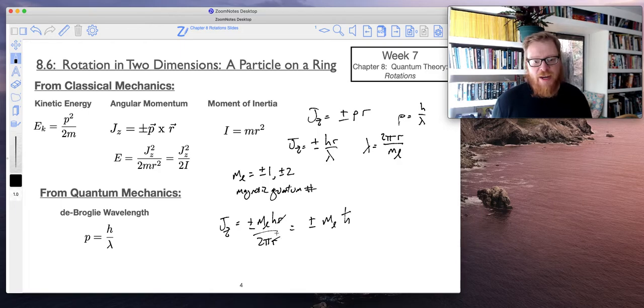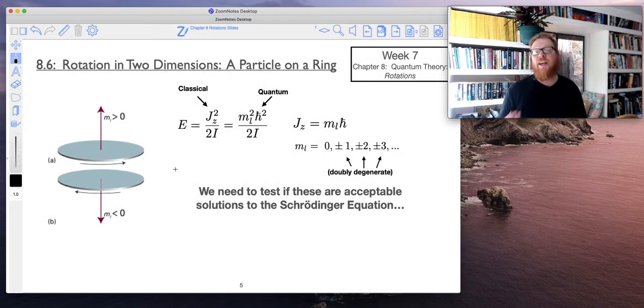So the radius cancels, and we know h divided by 2 pi is h bar. What we see classically, I think I have that on the next slide. Yes, the energy associated with this particle rotating classically can be written as Jz squared divided by 2I.